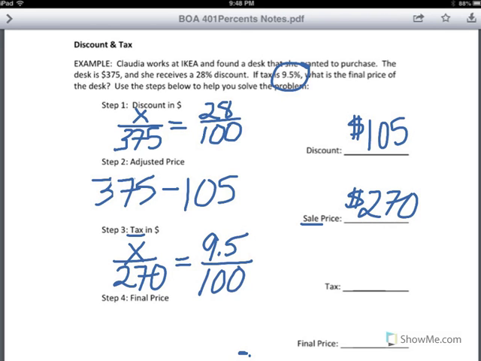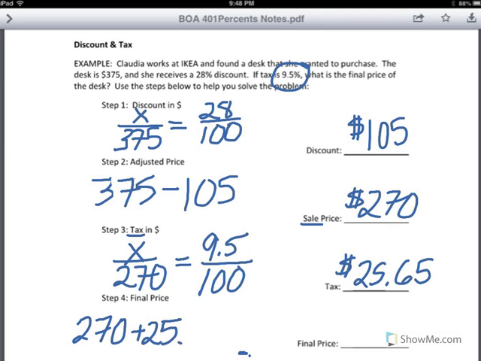And now again we're going to cross multiply and divide. And we get $25.65. Now if we recall, when we go to a store, tax is actually added on after we found our sale price. So now we take our sale price, which is $270, and we add $25.65.